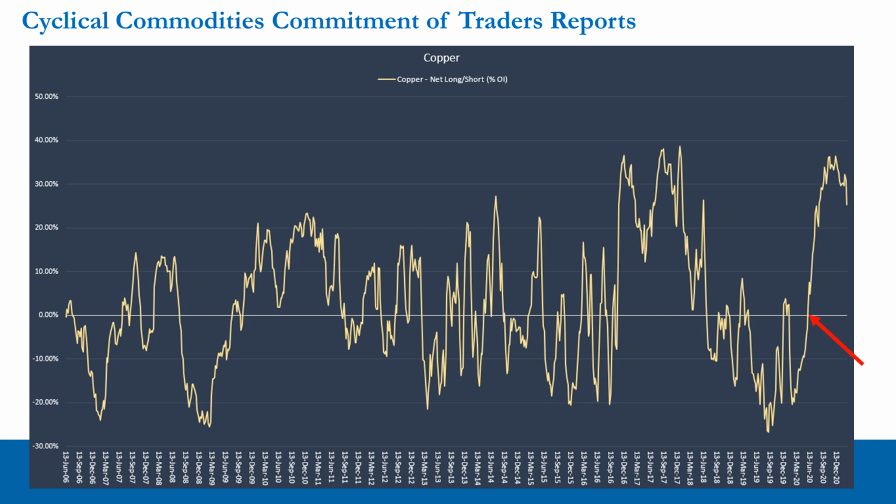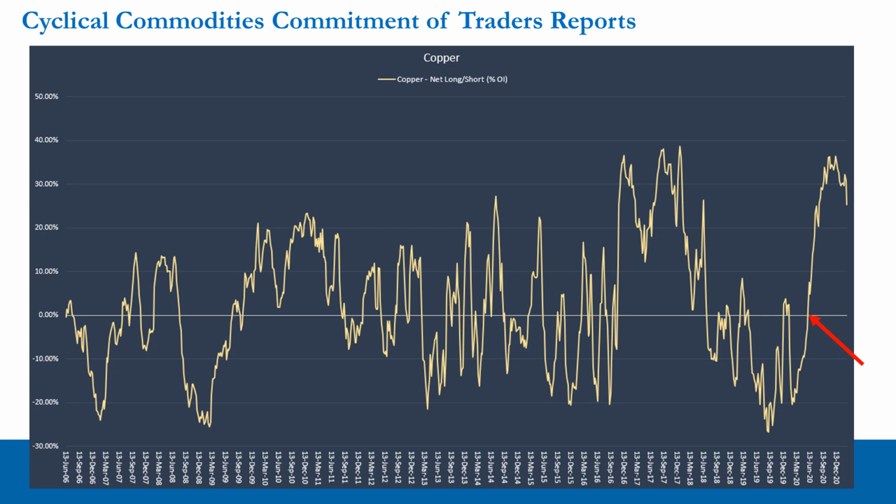We did get a flip before where the hedge fund community did go positive at the end of 2019, beginning of 2020. But COVID was obviously taking hold in the first quarter of 2020. And then we get the flip positive long back in June 2020.